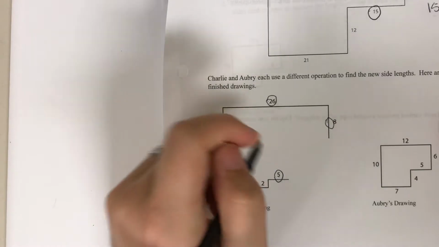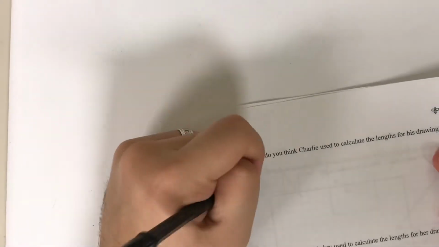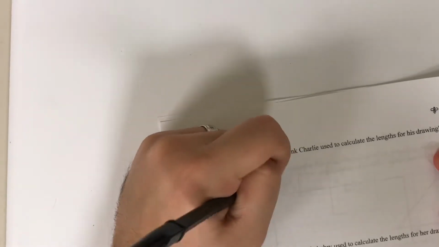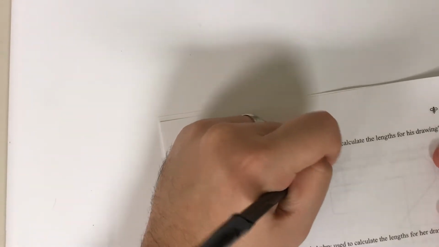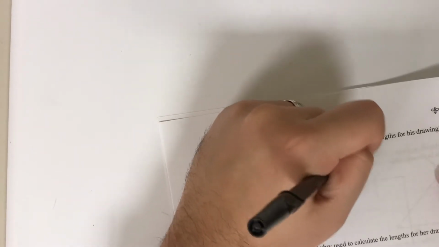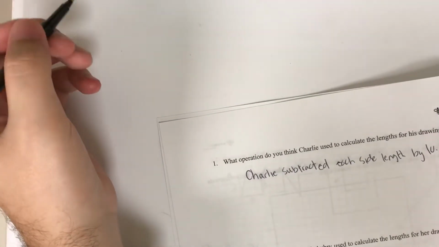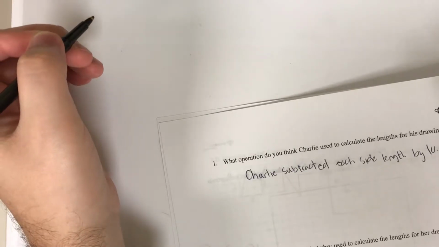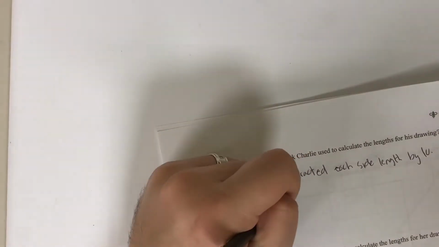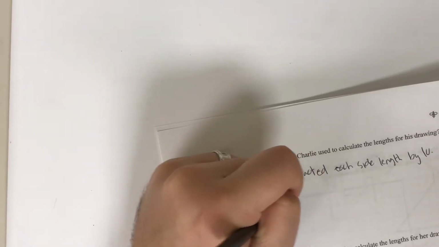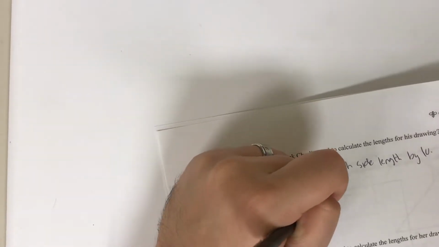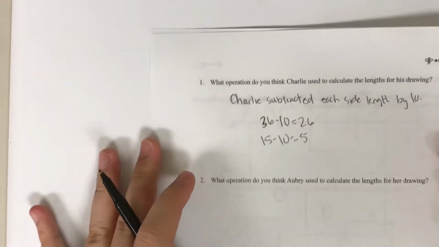It looks like what Charlie did is Charlie subtracted each side length by 10. And so that's how he got every number, and you could say, 36 minus 10 is 26, 15 minus 10 equals 5, and so you kind of get the picture there of what that's saying.